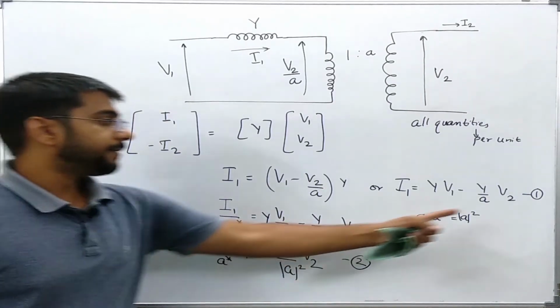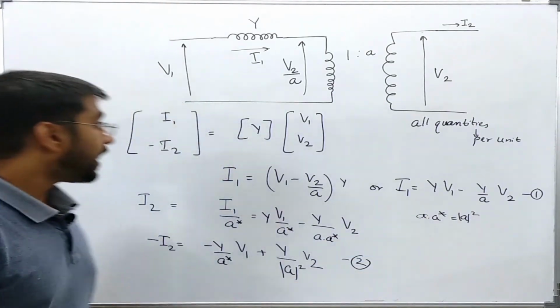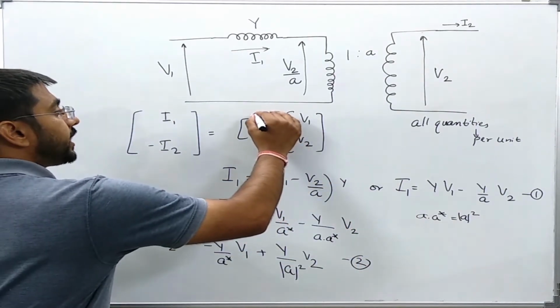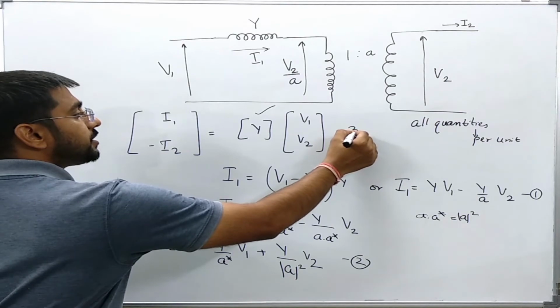Now from equation 1 and equation 2 I can write the Y matrix. Let us say this is equation 3.